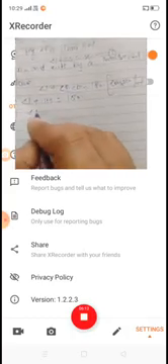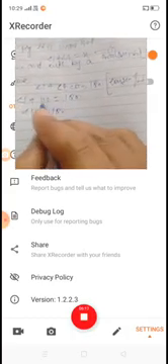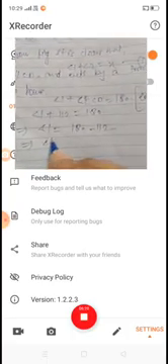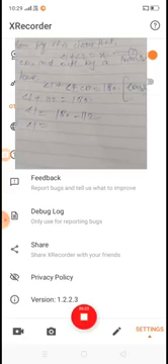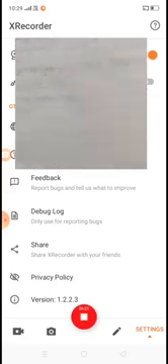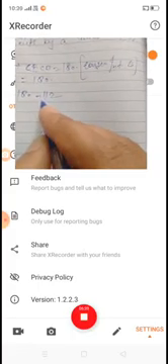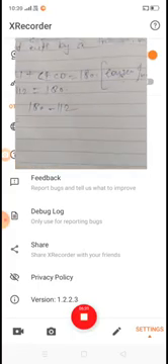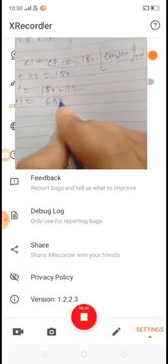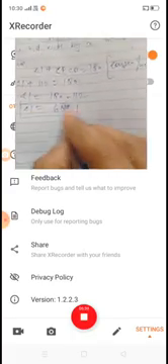So we have angle 1 is equal to 180 minus 112. We get 68 degree. Angle 1 is equal to 68 degree.